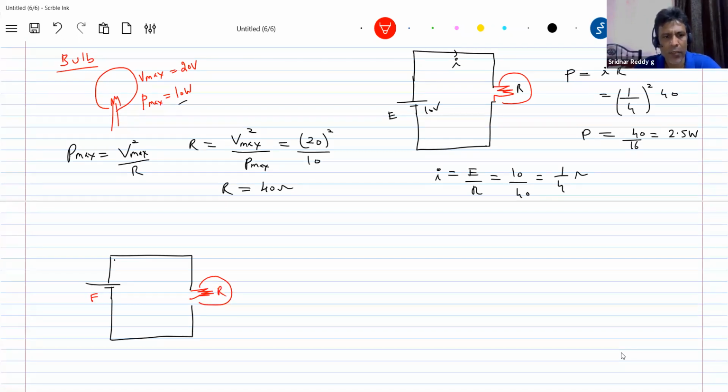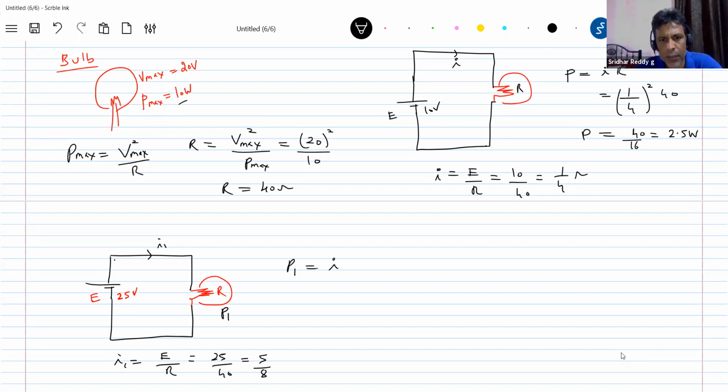Now the EMF of the cell, let me make it 25 volt. Even 21 volt, we can discuss the problem. What is the current in the circuit? Let the current flowing be I1. So I1 is equal to E by R, 25 by 40, which is 5 by 8. Let's calculate the power dissipated here.